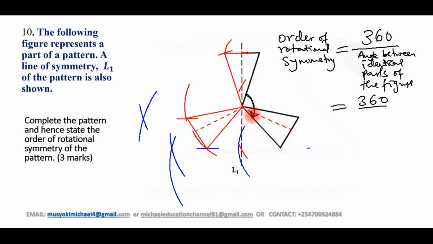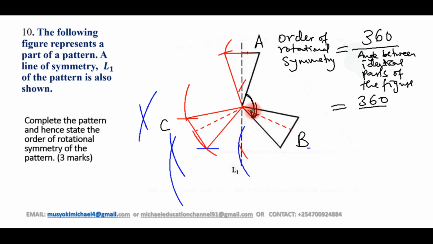The order of rotational symmetry is the number of times the figure fits into itself in one complete turn. So in one complete turn, how many times? If you take this part as A, this as B, and this one as C, and you rotate it, you'll find that A will fit into B, and also into C. That means for one complete rotation, it will fit 3 times.